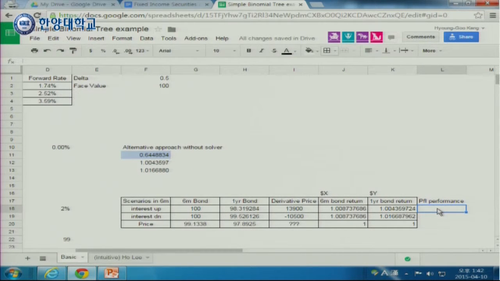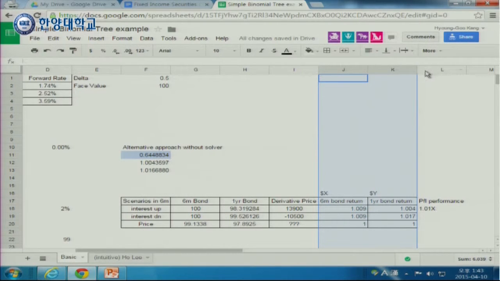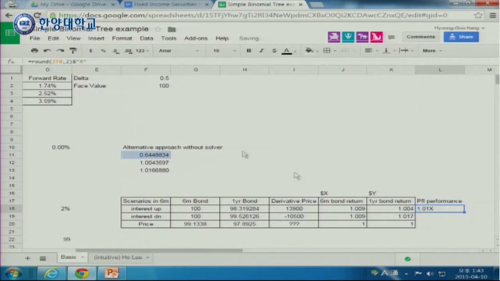Because I invest X dollars and interest rate goes up, I make this one.